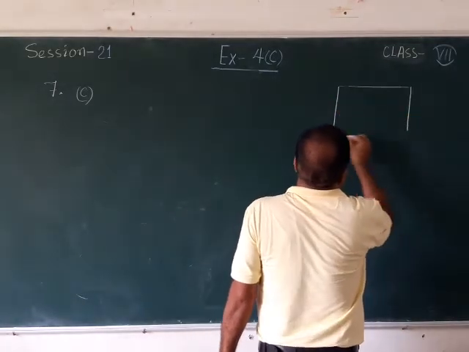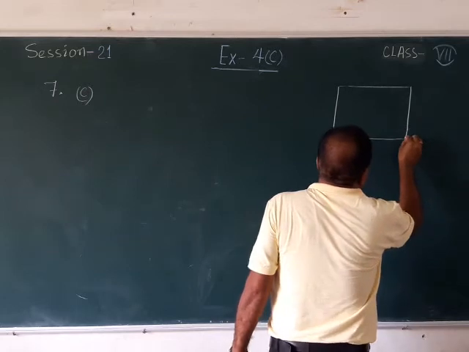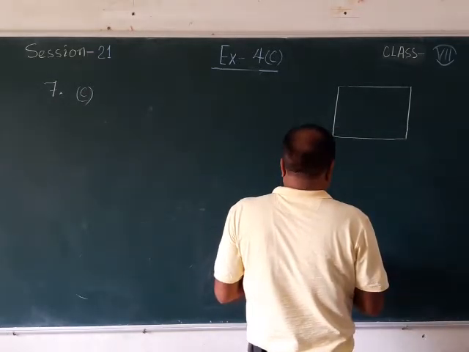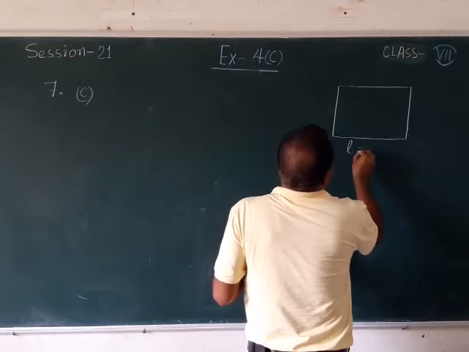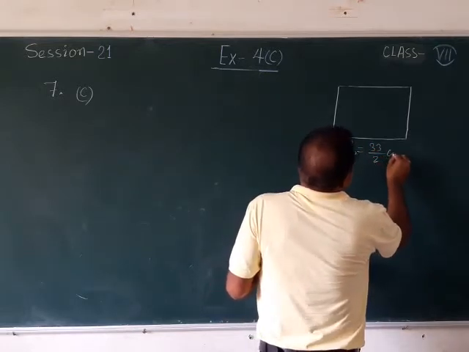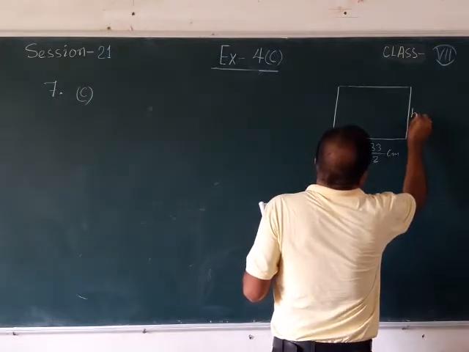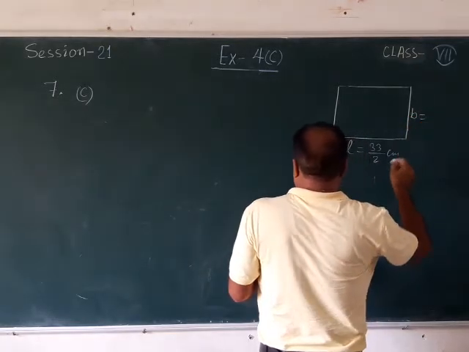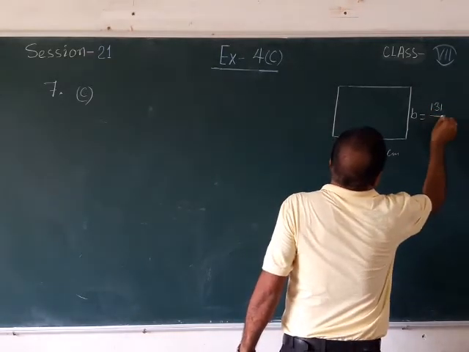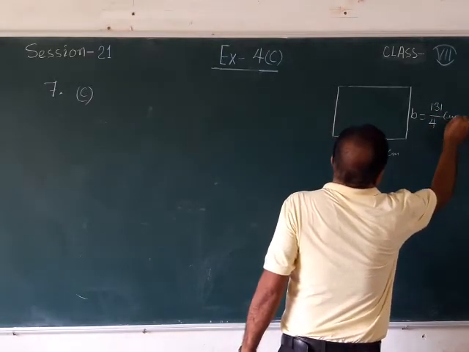Here you are having a rectangular sheet. Okay, and here length is 33 upon 2 centimeter, and here it is a breadth, and breadth is given how much? 131 by 4 centimeter.